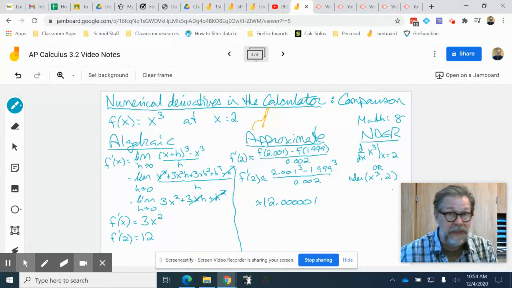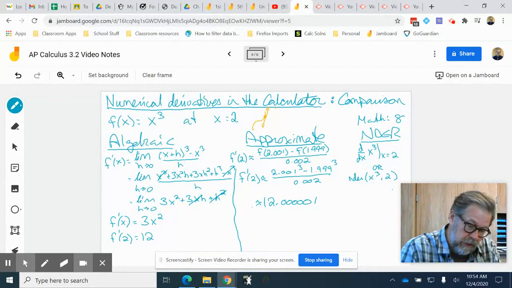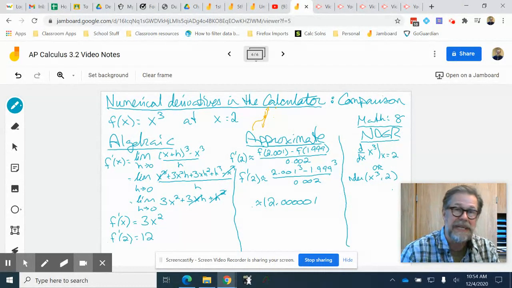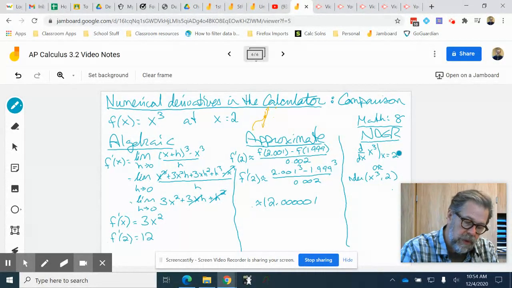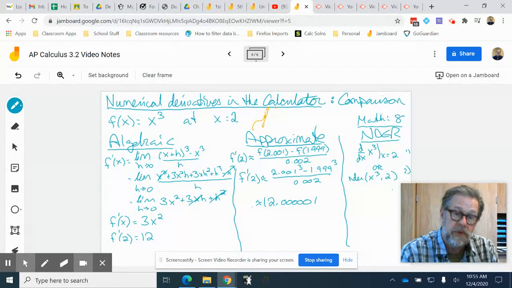Now, let's confirm that that's exactly what the calculator is doing, or at least suggest that that's exactly what the calculator is doing. If I type in math 8 into my calculator, I will either get this or this, the first one or the second one, depending on what operating system you're running. The derivative with respect to x of x cubed at x equals 2 is how you read the first one.